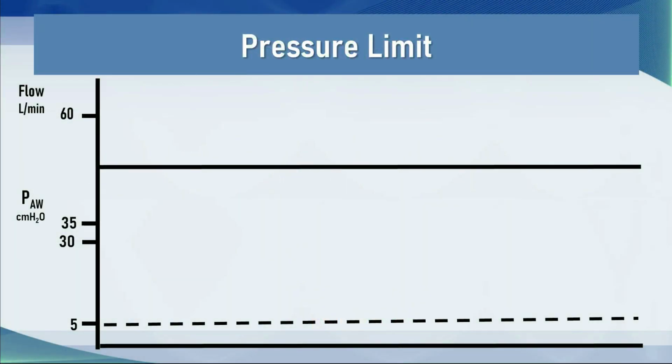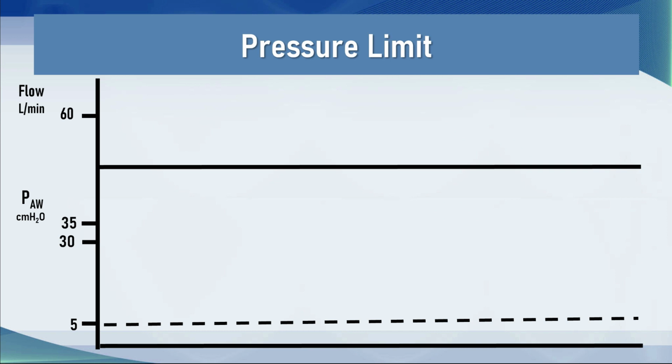That is important because on volume guaranteed pressure control, there is a concept known as the pressure limit. And the pressure limit is essentially a way of ensuring that the airway pressure doesn't go sky high. And as volume guaranteed pressure control involves a lot of pressure adjustments to ensure that that tidal volume is delivered, it's important that the pressure limit is set very carefully in place.